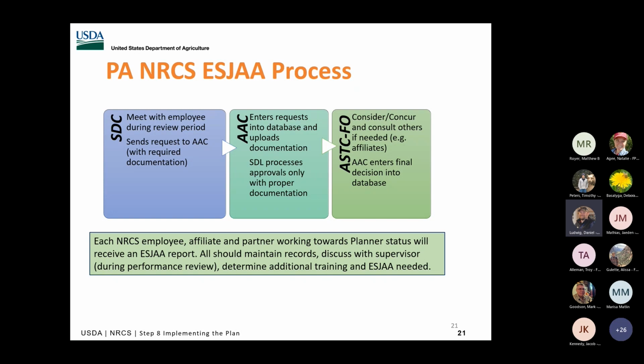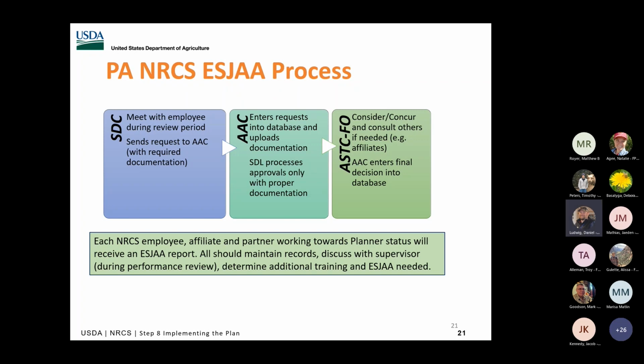And once you complete that level 1, the SDC will meet with you and determine whether you have been working in the practices that are listed on that report. They have the ability to strike off practices, especially if they're practices that you have not been working with or not familiar with. Again, because we're talking about liability, we don't want to be assigning job approval if you're not comfortable with practices.